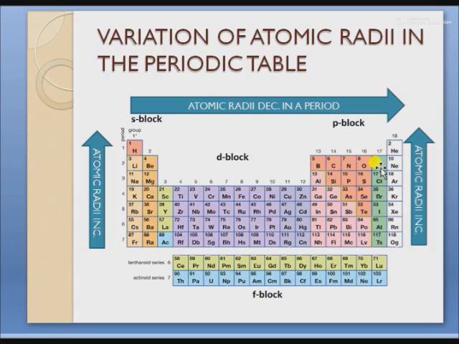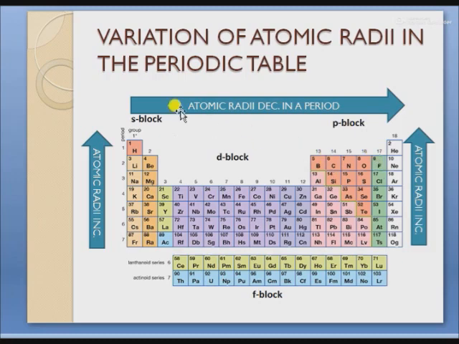This is because of the fully filled configuration in noble gases, means all the orbitals are completely filled and inter-electronic repulsions are maximum. And the second factor is noble gases form van der Waals radius, which is larger than the covalent radius. That's why noble gases have larger size than the halogen atoms.